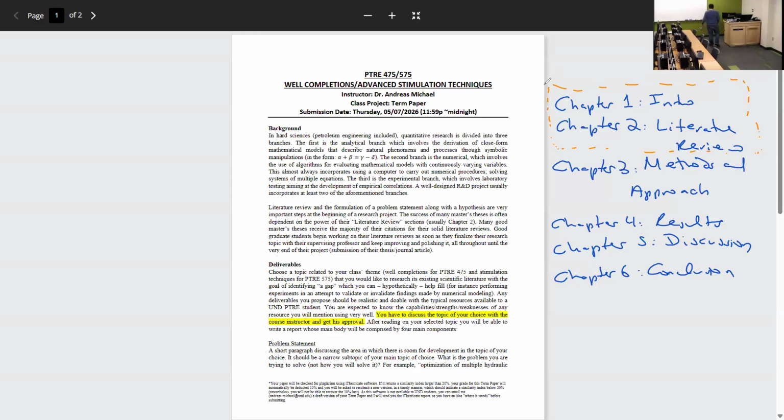So a lot of people back in my day, in the mid-2010s, mostly in the early 2010s, before the oil price collapsed, did a lot of computational models suggesting that if you orient the frac stages in a non-uniform fashion, you can get better resultant hydraulic fracture geometry.